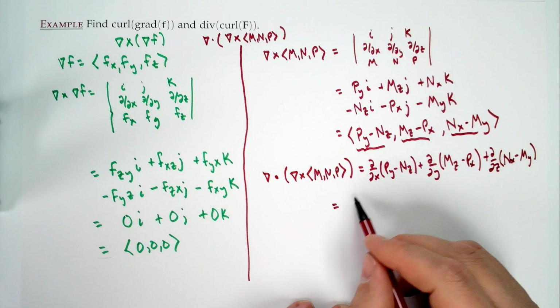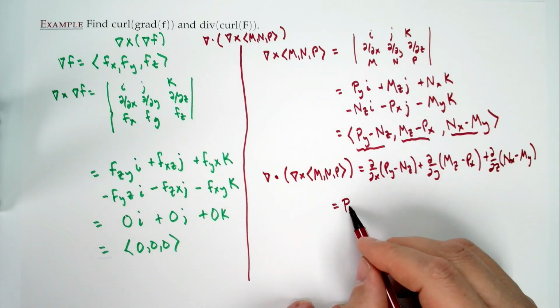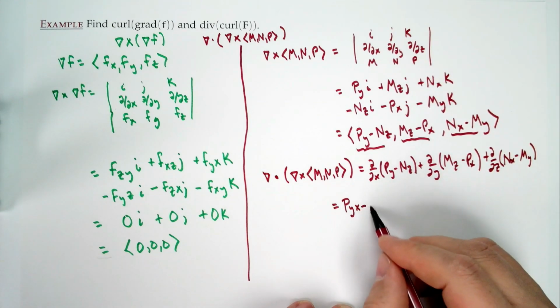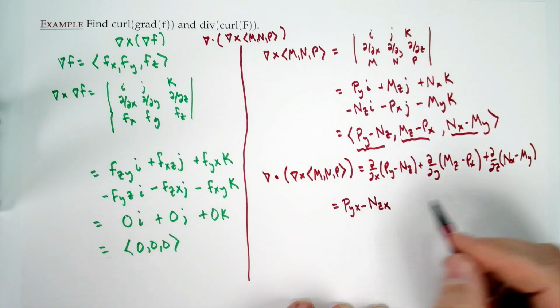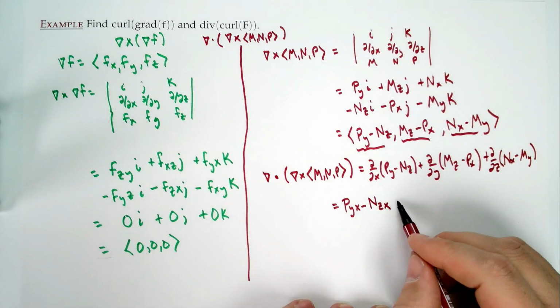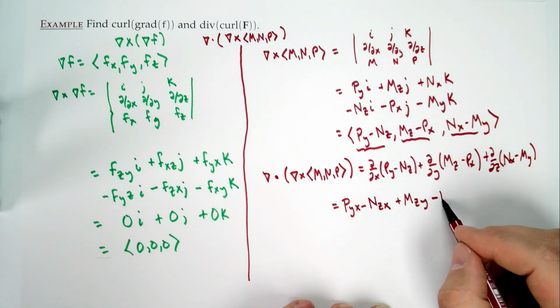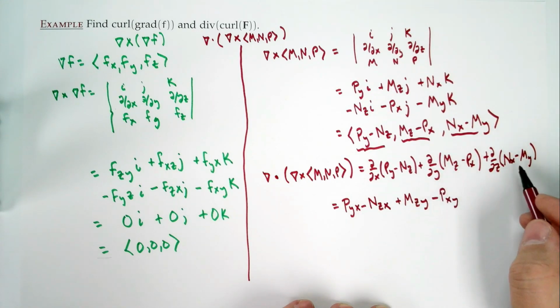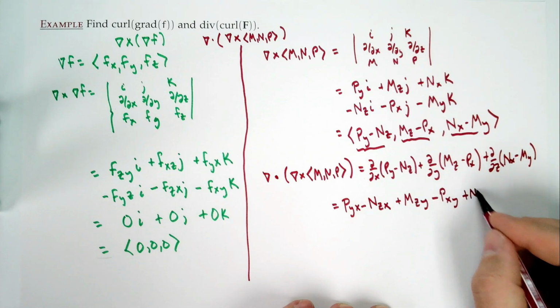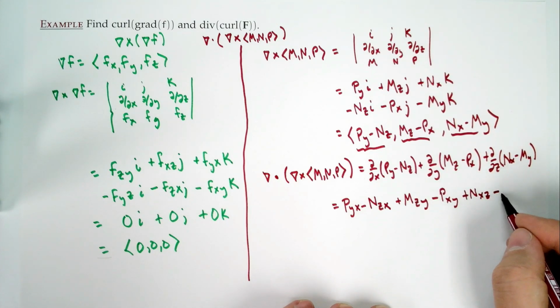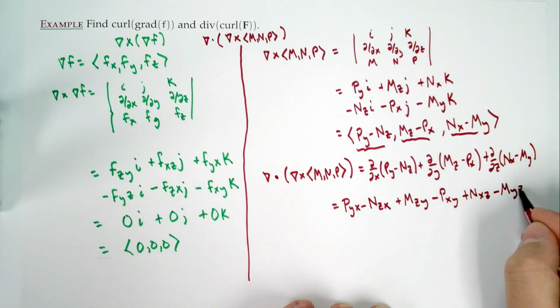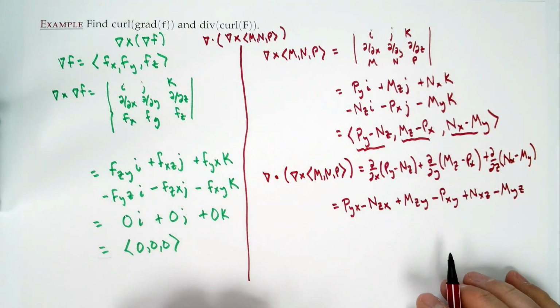So, working it out, we get from the first term, pyx minus nzx. From the next term, mzy minus pxy. From the last one, nxz minus myz. Now, what happens?